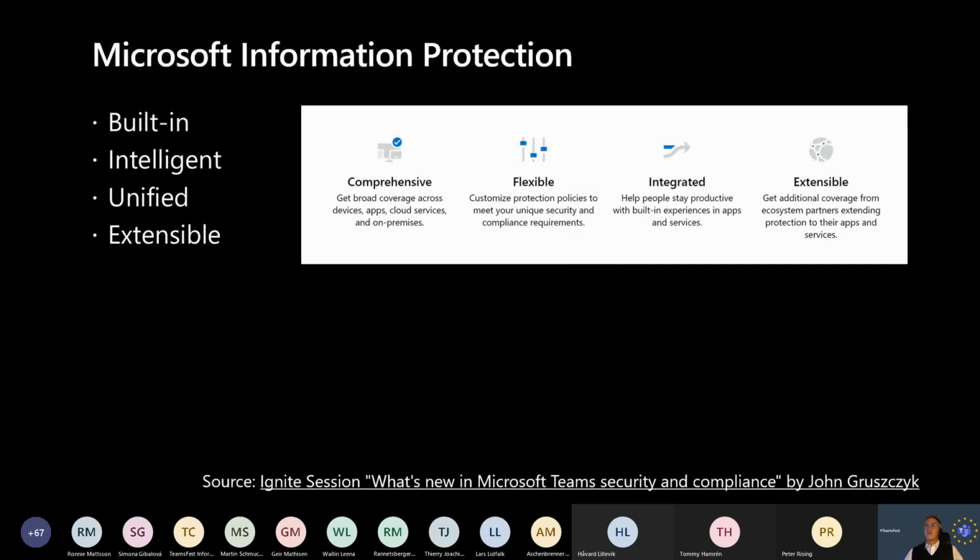So what about Microsoft Information Protection? It is built-in labeling and protection in Office apps, Microsoft 365 services, Power BI, Edge, and Windows. It's an intelligent accuracy in classification via machine learning-based trainable classifiers and exact data match.